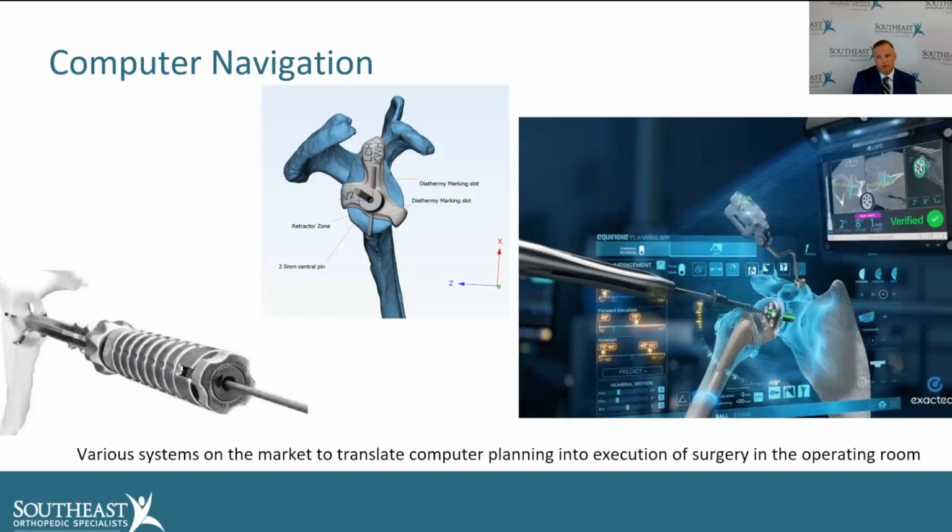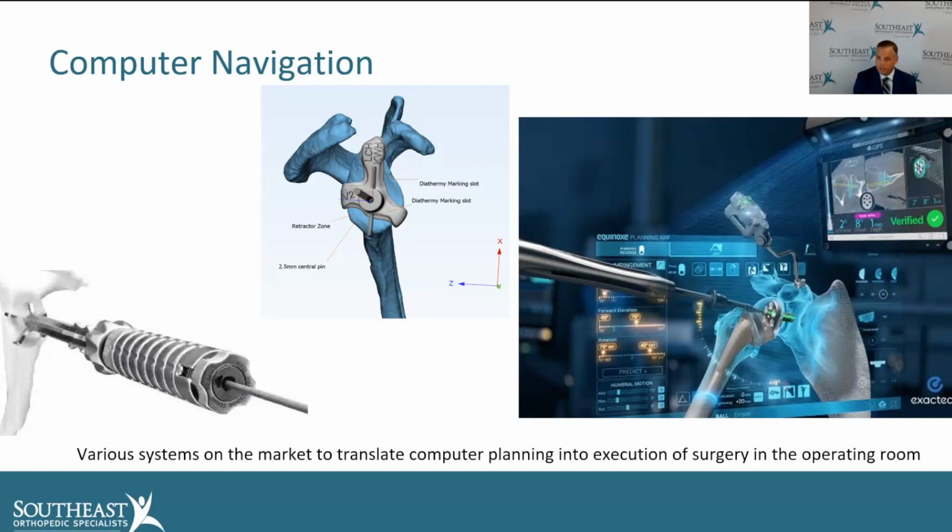So further advancement of the computer modeling is the way to translate that plan into the OR. And there's multiple different systems on the market currently on how to do that. Some use this reusable metal targeting device, which has these metal feet that you see on the left side, and they're specifically calibrated based on the computer model to account for the glenoid, to help us fire the central drill pin, which helps us when we place the glenoid base plate.